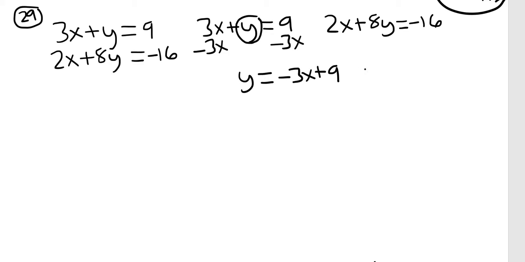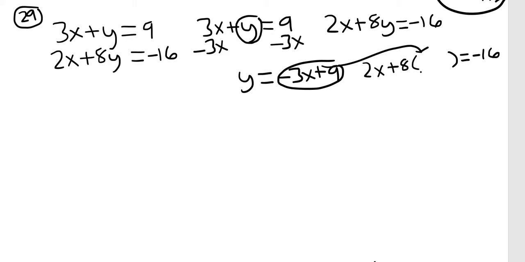So once this y is all by itself, now we can make a substitution for the y in the other equation. So we take the other equation, we write it just like it is, but instead of the y, we're going to make a substitution. We know that y is equal to -3x plus 9. Okay, so now we have a new equation that just has one variable to solve for.